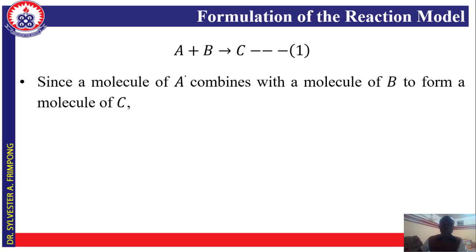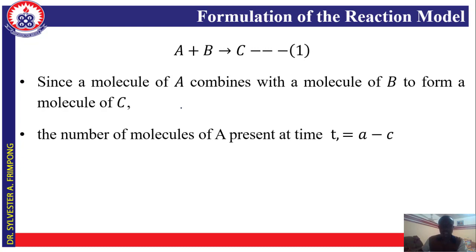Now, since a mole of A combines with a mole of B to form a mole of C, the number of molecules of A present at any time t is a minus c. Because what we are doing here is letting the number of moles of A be equal to small a, that of B equal to small b, and that of the chemical C, the product, equal to small c.